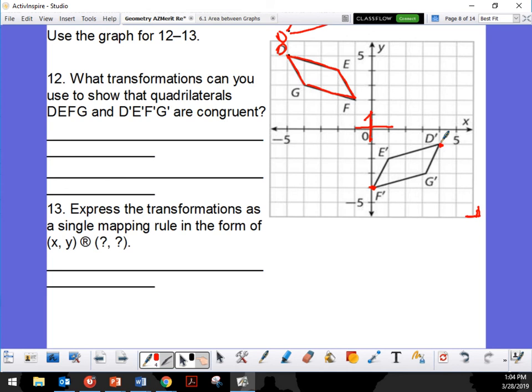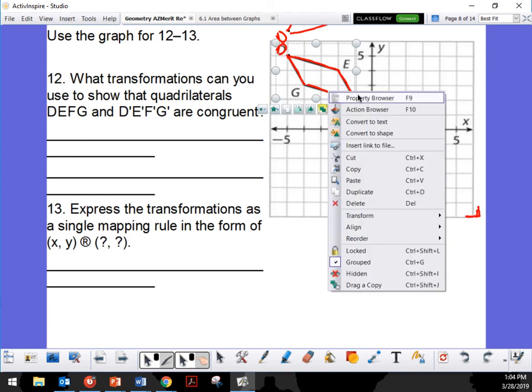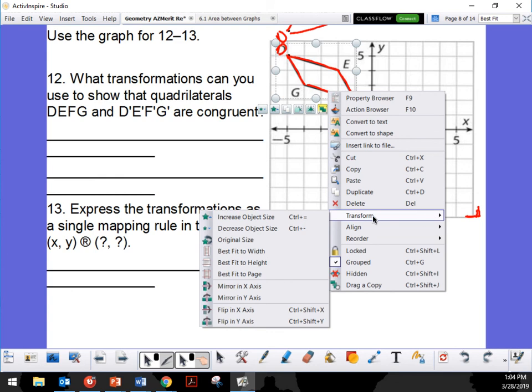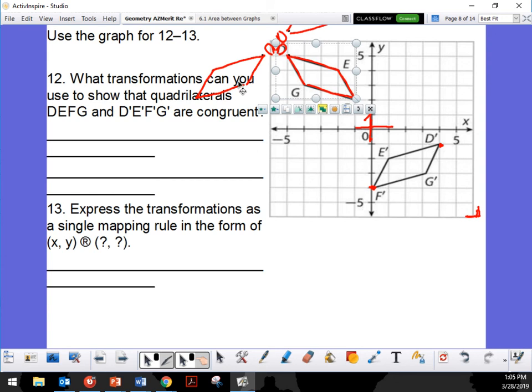So I know there has to be some type of flip, right? So if I flip this over right here first, let's flip it across the y-axis. There we go.